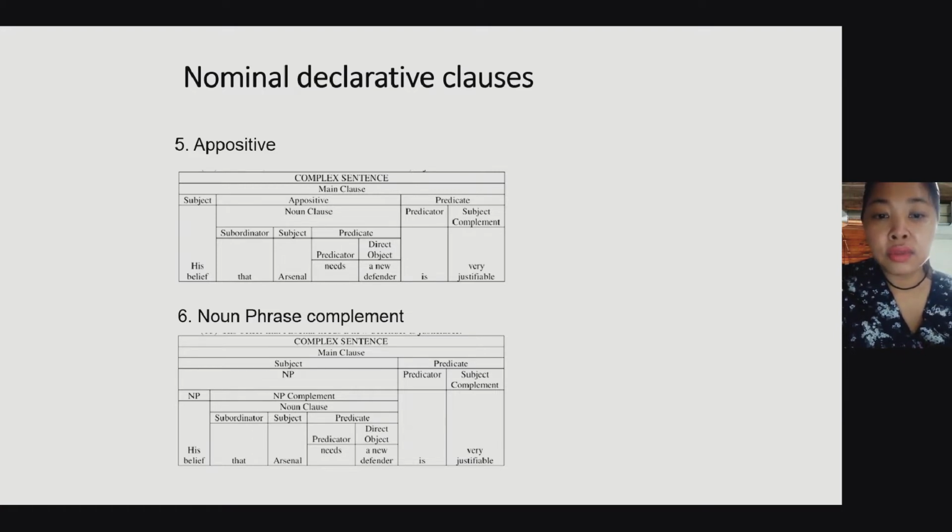For noun phrase, if we break it down, it is noun phrase plus noun phrase complement. I would like to further share. I'm gonna share our module. So we're going to talk further about the other noun clauses here.